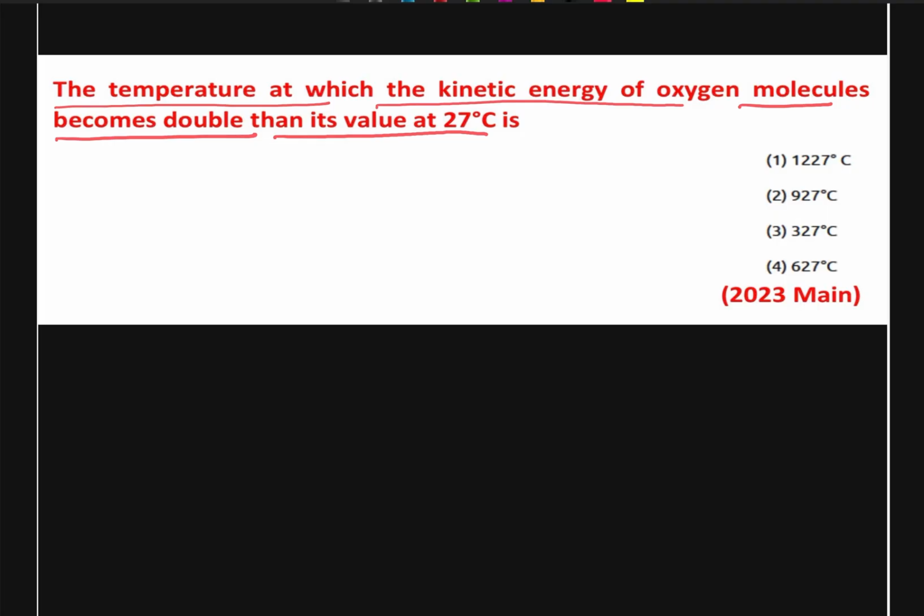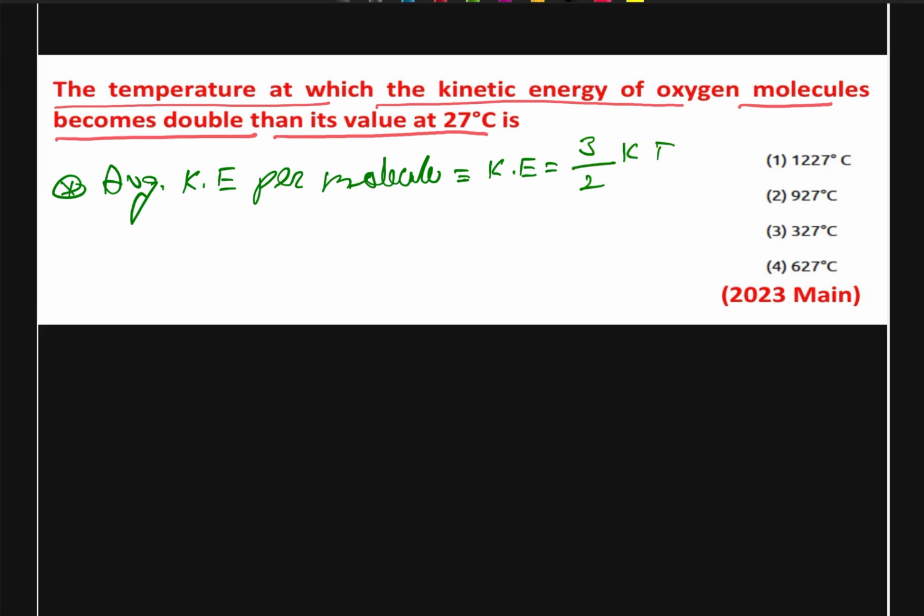And for that we are going to use the formula for average kinetic energy per molecule, that is KE is equal to 3 by 2 times kT, where k is the Boltzmann constant and T is the absolute temperature.